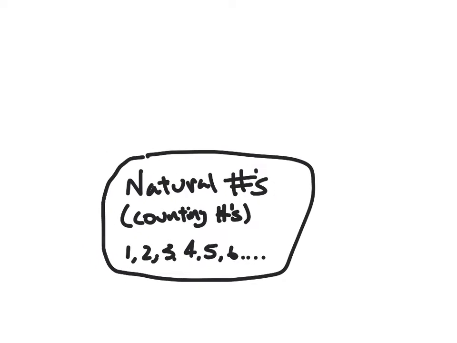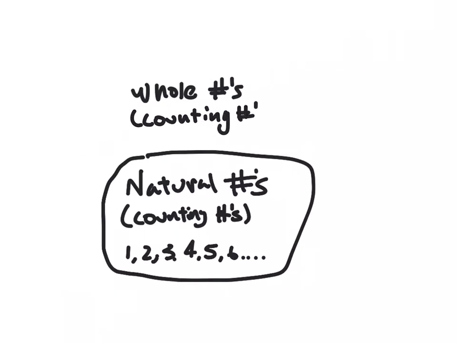So let me come in here, and this is the whole numbers. The whole numbers are the natural numbers, so all of your counting numbers like 1, 2, 3, 4, 5, 6, and so on, but we include 0. So I'm going to write that this is the counting numbers and 0. If I were to describe that, I would say this set of numbers would be 0, 1, 2, 3, 4, 5, 6, and so on.